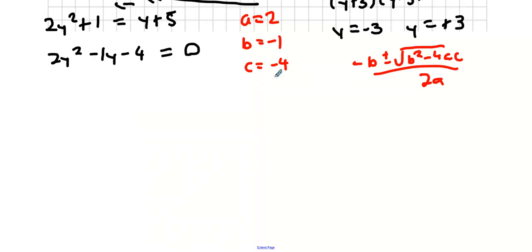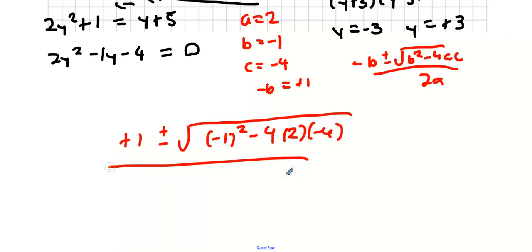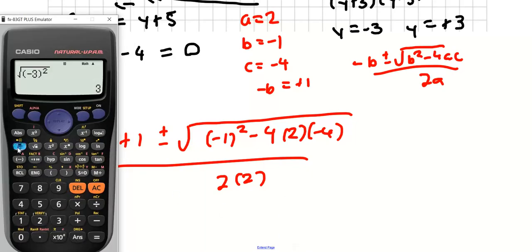So we're going to have minus b is plus 1. So it's plus 1 plus or minus the square root of b squared, which is minus 1 squared, minus 4 times 2 times minus 4, all over 2a, which is 2 times 2. Put that into the calculator. Press the fraction button.